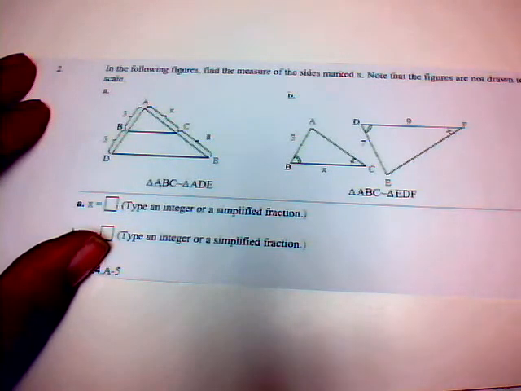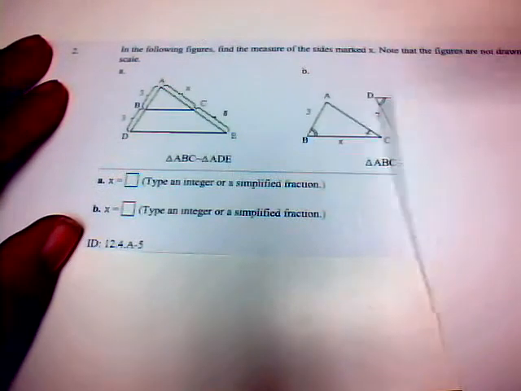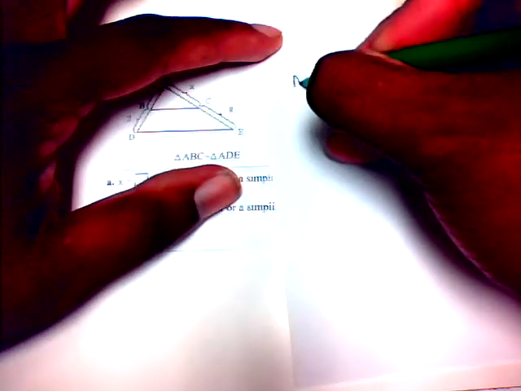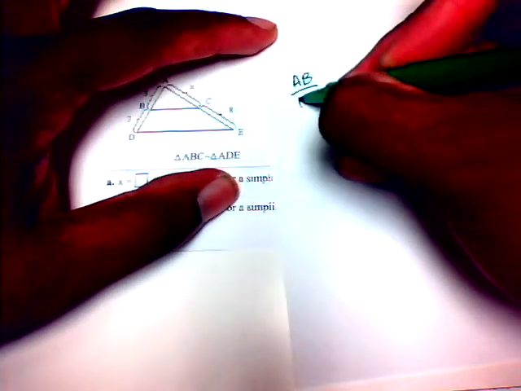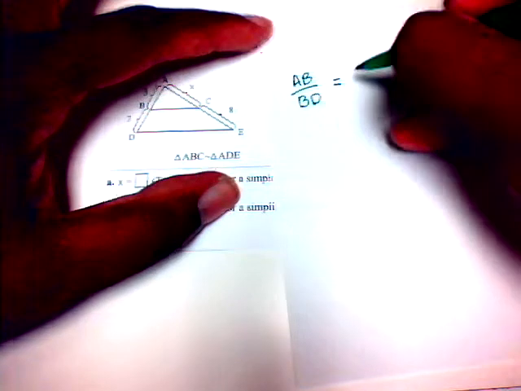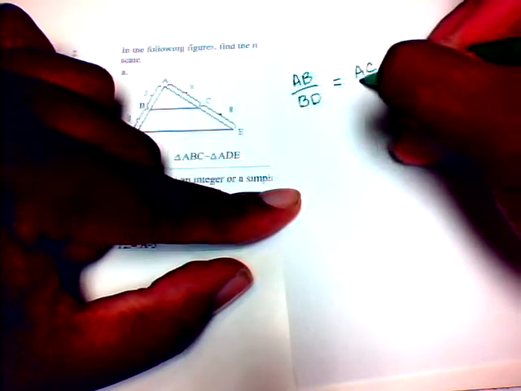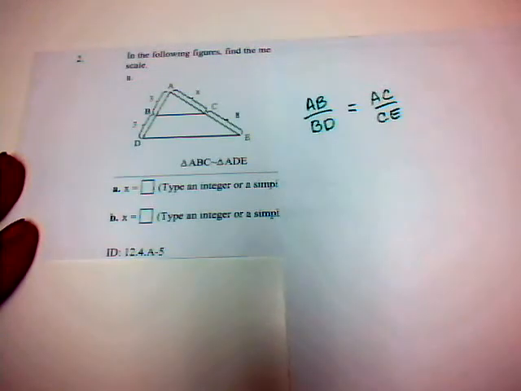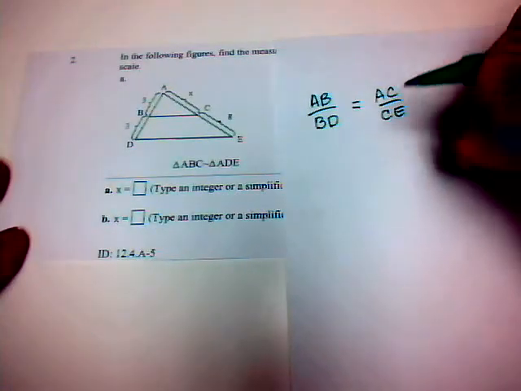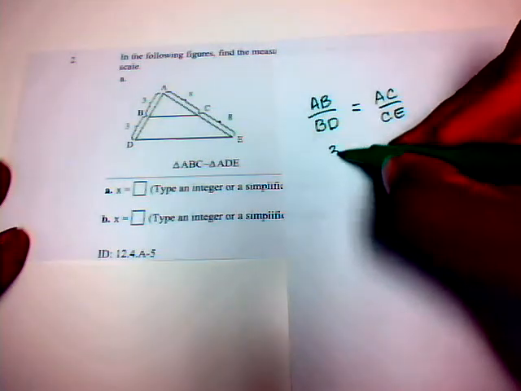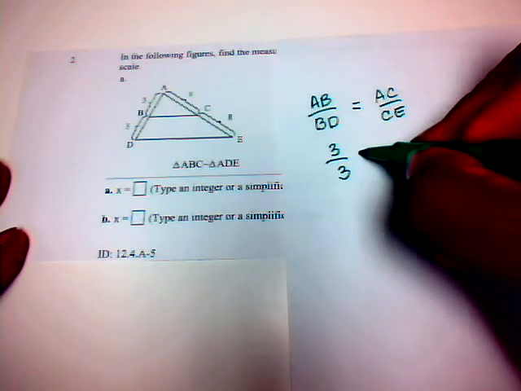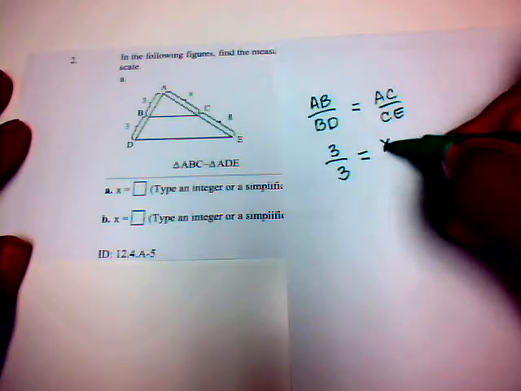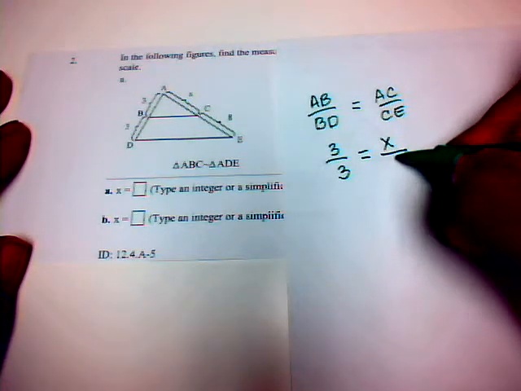If I want to write this as a proportion, AB has a length of 3, and I'll just go ahead and write this out. AB is proportional to BD, and AC is proportional to CE. AB has a length of 3. BD also has a length of 3, so that's 3/3 equals, now this is X, AC is going to be the length X over CE, which is 8.